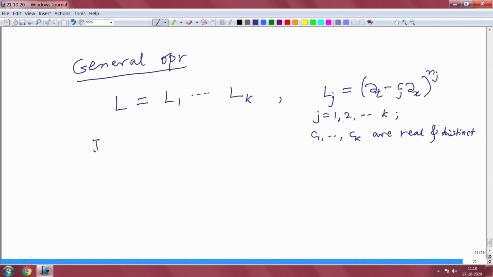So, if nj equal to 1 for all j, then we have simple characteristics. And if nj is bigger than 1 for some j, even for one j, it is a multiple characteristic problem.